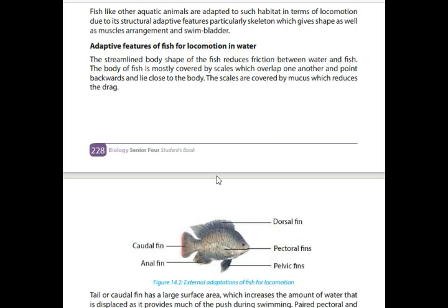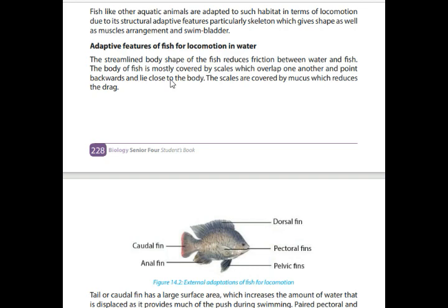The scales are these ones, and pointing back, where each lies close to the body. The scales are covered by mucus, which reduces the drag. Yes, you see, the scales of these fish are covered with the mucus, and the mucus reduces the drag.